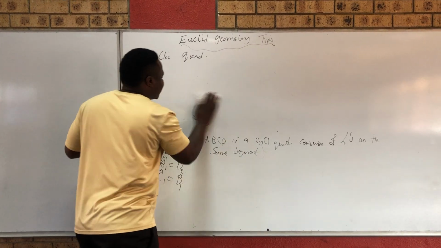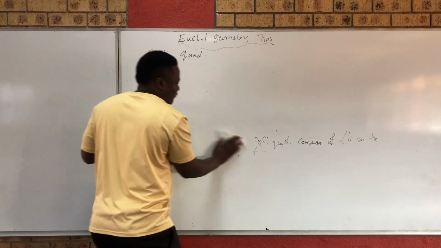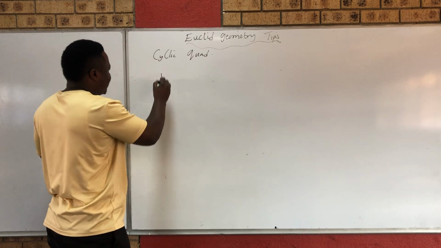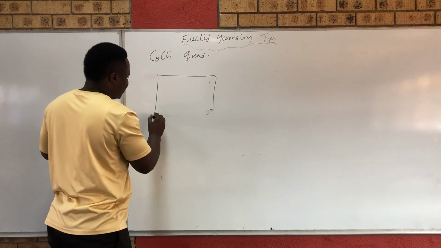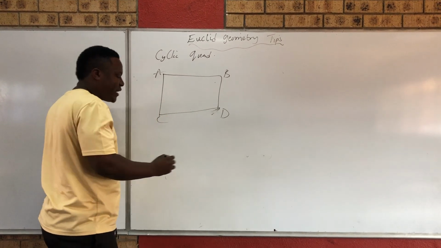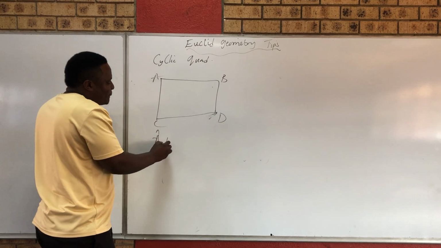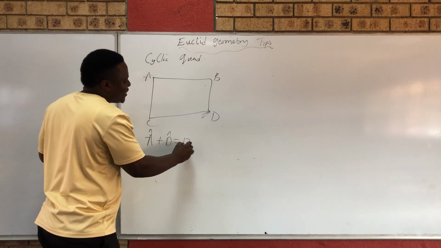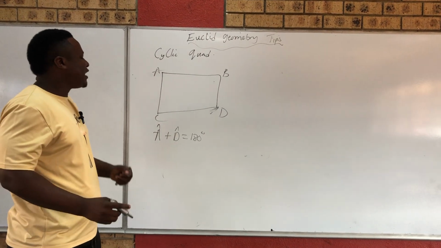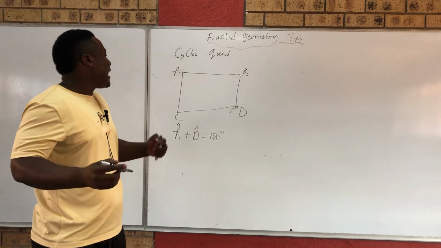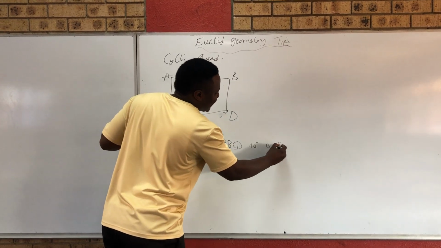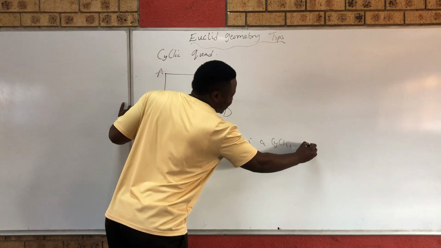Now, the second thing that you can prove. As long as you have a quad like this, ABCD, if you show that angle A plus angle D equals 180 degrees, then you can conclude automatically and say ABCD is a cyclic quad.